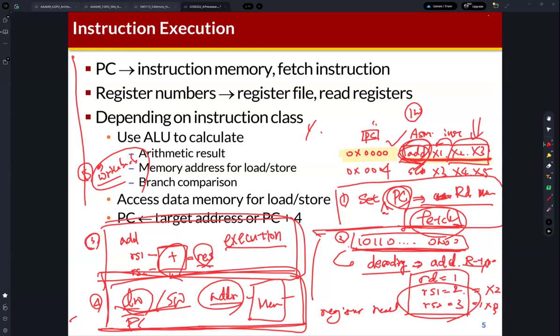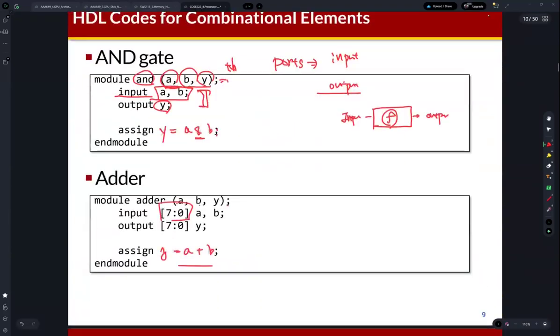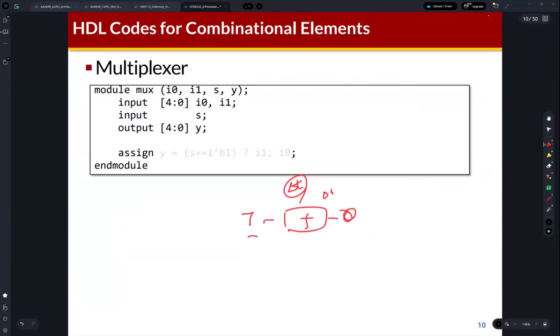Delta T can vary. So the delta Ts are different. In this case, it is very difficult to control the flows of signal, right?